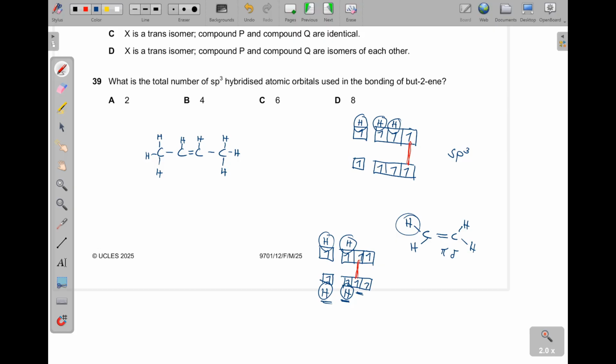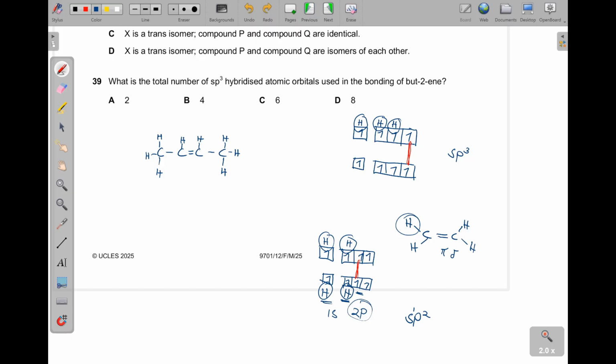You see? So 2 p's from here and then 1 s. So that's why we say sp2. 1 from the s, 2 from the p's to form the sigma bonds. These are the ones. Then now the pi bond comes in. So these numbers here represent the sigma bonds formed before the sideway overlap. Is that clear? All right.